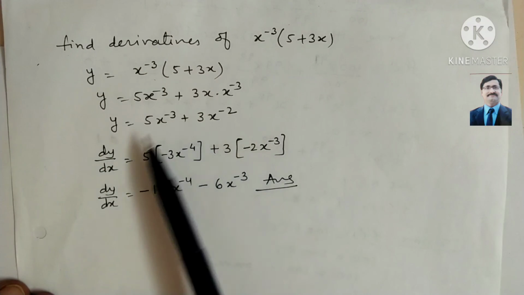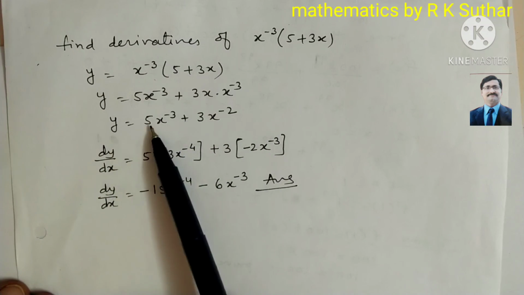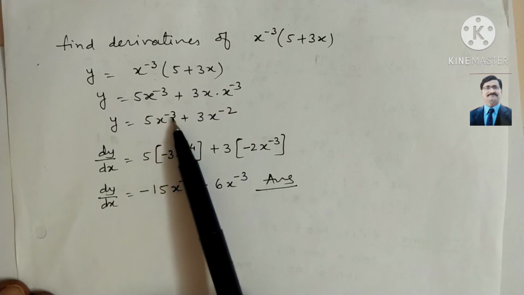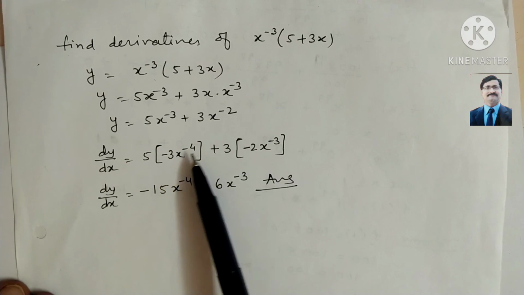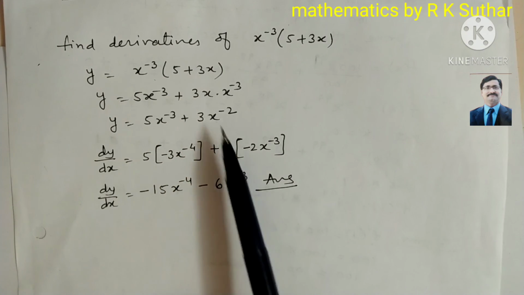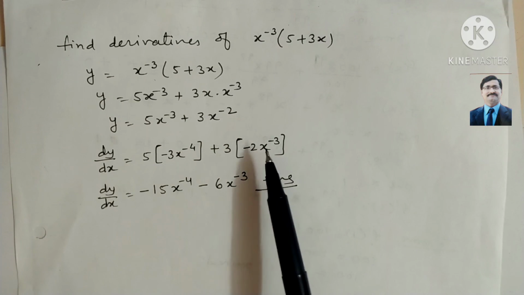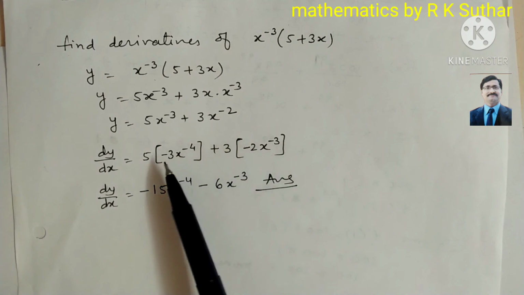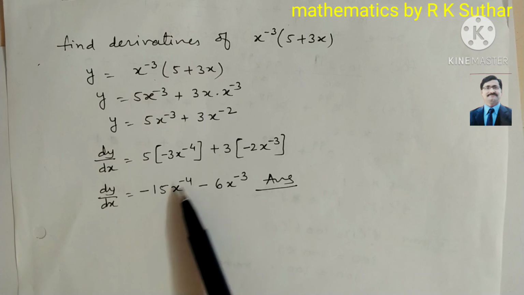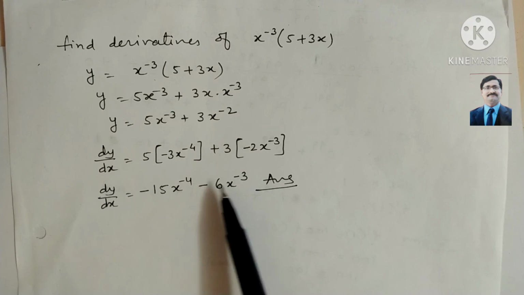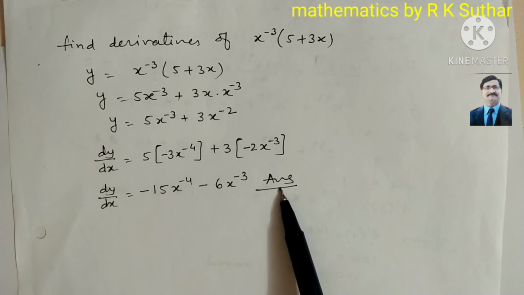Now we differentiate: 5 as it is, the derivative of x^(-3) is -3x^(-4), and 3 as it is, the derivative of x^(-2) is -2x^(-3). Multiplying, we get -15x^(-4) and -6x^(-3). So this is our answer.